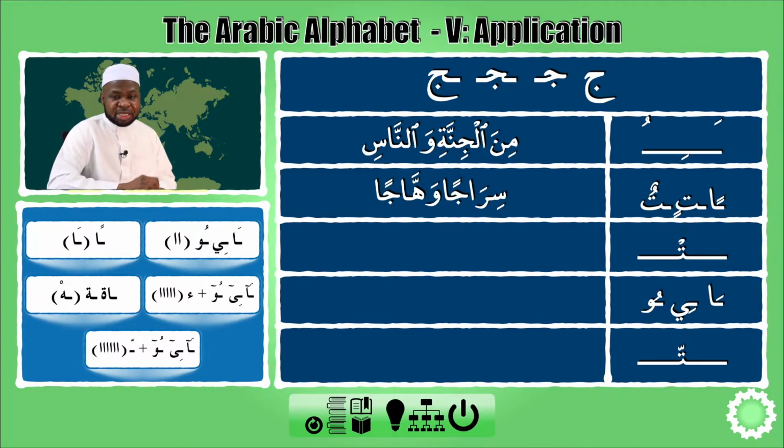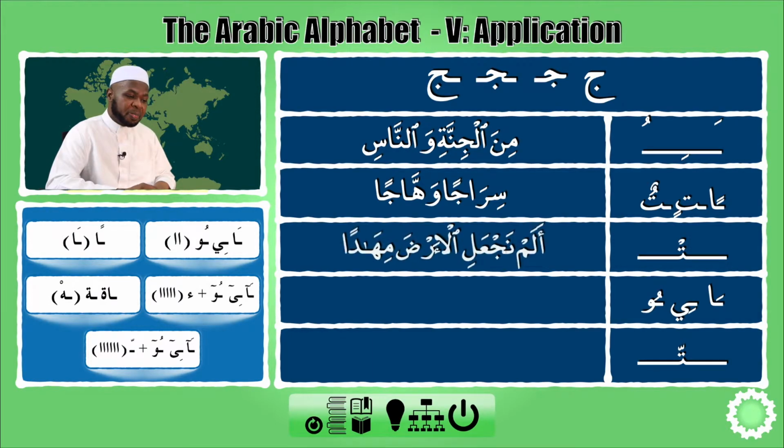Over here we have an example of good coincidence whereby we have Sirajan, the application of tanween, or rather the double sound, in the middle of a phrase as well as at the end of a phrase. So Sirajan Wahhaja. All right. Alam naj'alil arda mihada.